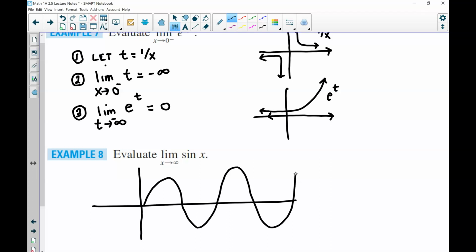Therefore, if it does that, then it does not exist. So we would say that the limit as x approaches infinity of the sine of x does not exist.